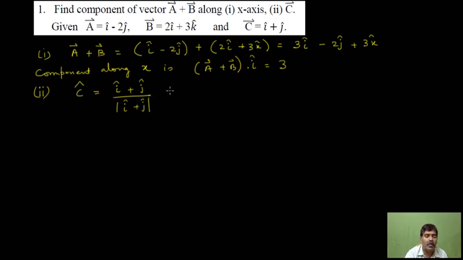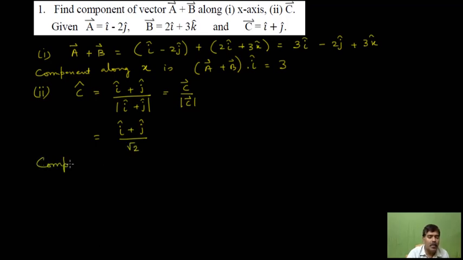This is basically c vector by magnitude of c, right? So what's the magnitude of i cap plus j cap? That's square root of 1 square plus 1 square, so that's root 2. So c cap is i cap plus j cap by root 2.